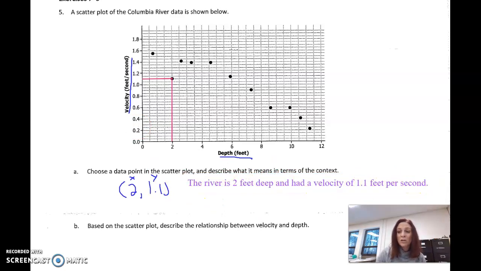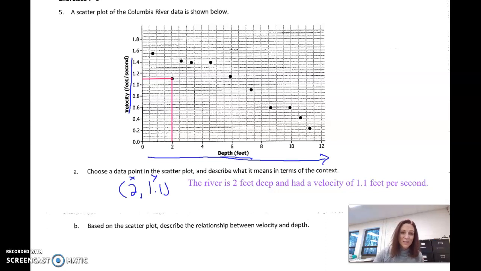So based on the scatter plot, this is kind of going back to where we were before, describe the relationship. Do we see a relationship? As our depth is increasing, what big picture in general is happening to our velocity? It's not a straight line. Don't play connect the dots. That's not informally fitting a line. But it's going down, isn't it?